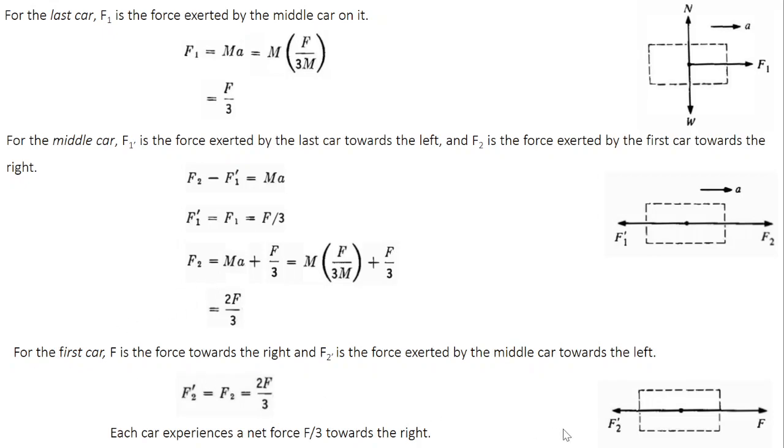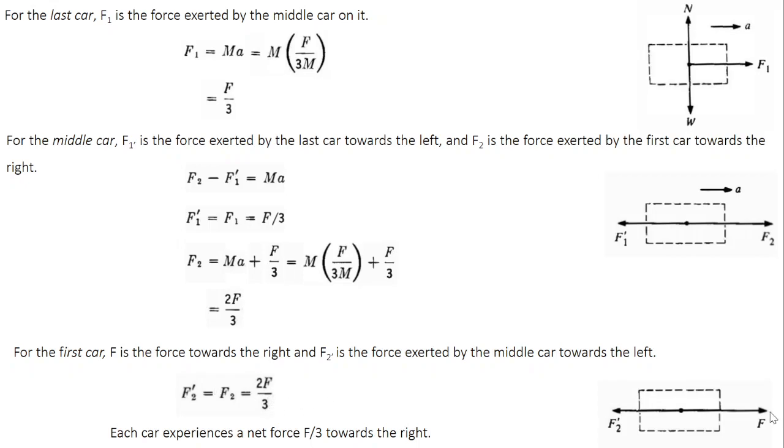Moving on to the first car, which is straightforward. It is pulled towards the right with the force F, and the middle car pulls it towards the left with force F2 prime. But from Newton's third law, I know that F2 equal to F2 prime, which is 2F divided by 3.